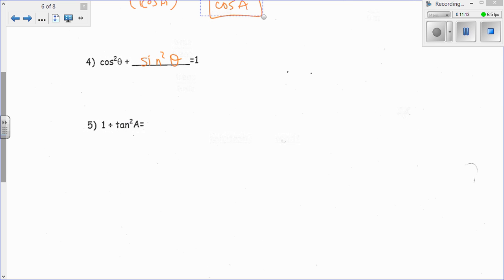1 plus tangent squared theta is equal to, that's secant squared theta from our identities on the front, but we want it in terms of sine and/or cosine, so it's 1 plus tangent, which is sine squared theta over cosine squared theta, which is equal to 1 over cosine squared theta.